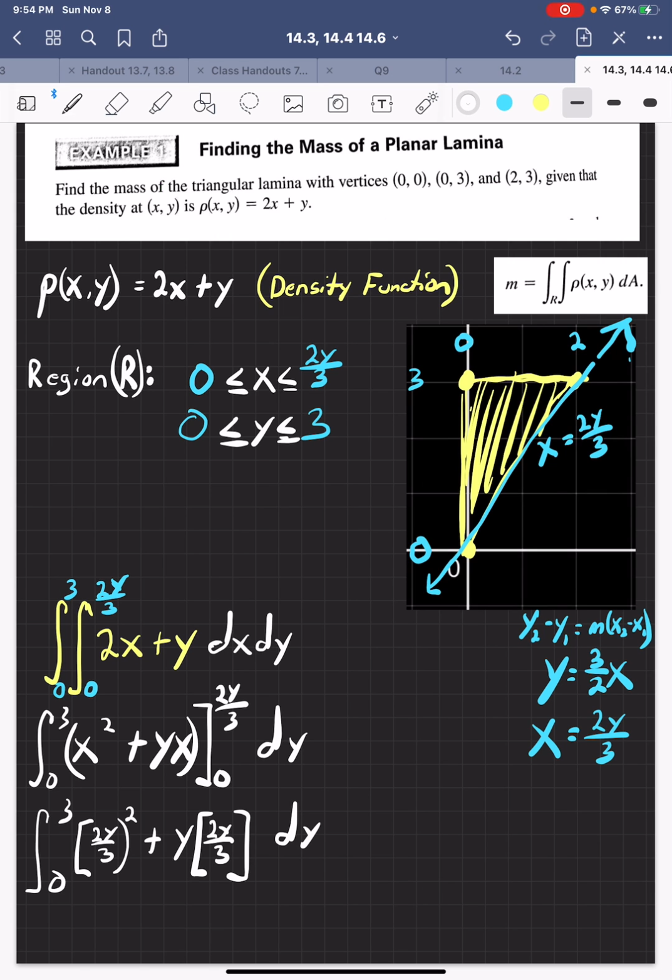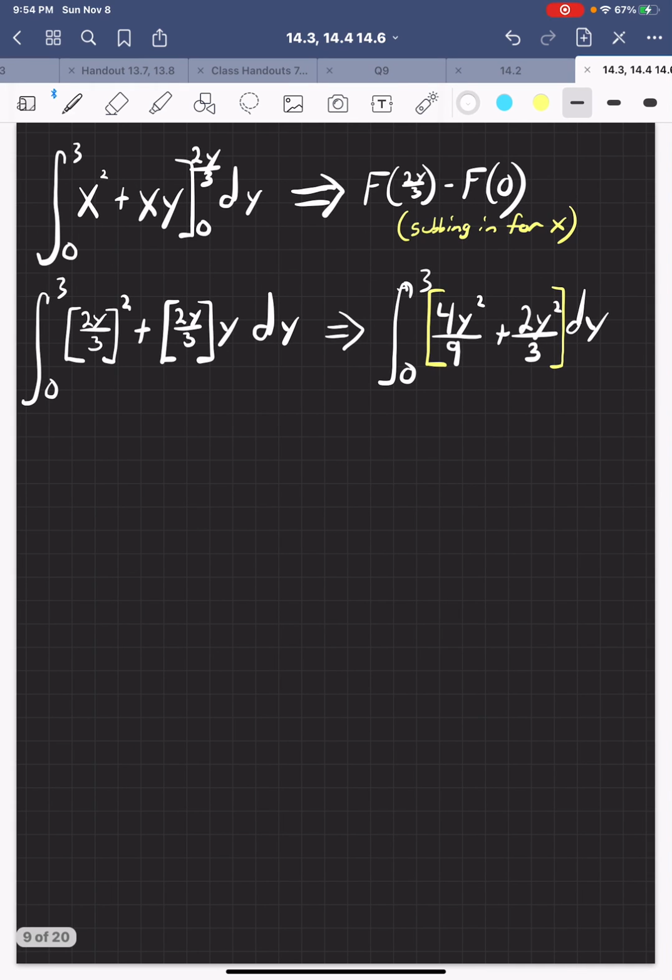So let's see if I can continue here. At this stage, I've got to square everything and then I'm going to end up combining like terms. So let's start with the squaring. That's going to be 4y squared over 9, and then once you multiply y times 2y, you're going to have 2y squared over 3.